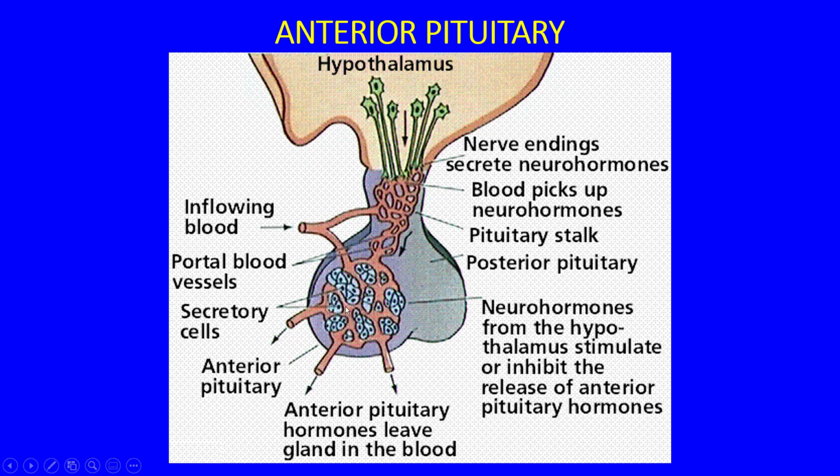It is in here that the anterior pituitary cells are going to release their various hormones, these trophic hormones.